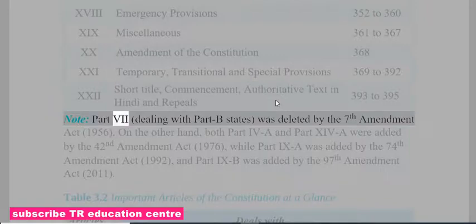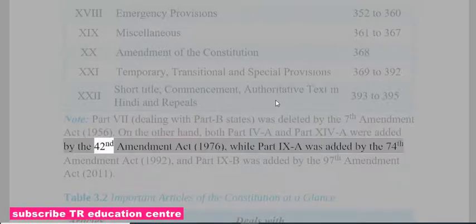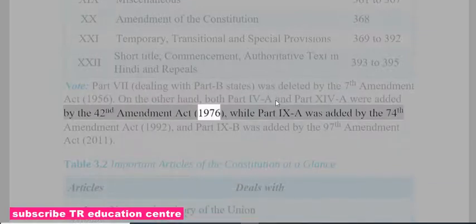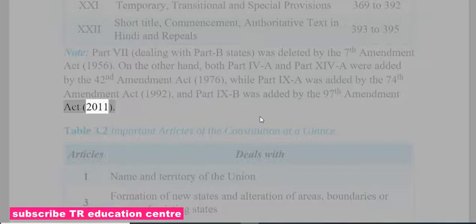Note: Part 7, dealing with Part B states, was deleted by the 7th Amendment Act, 1956. On the other hand, both Part 4A and Part 14A were added by the 42nd Amendment Act, 1976, while Part 9A was added by the 74th Amendment Act, 1992, and Part 9B was added by the 97th Amendment Act, 2011.